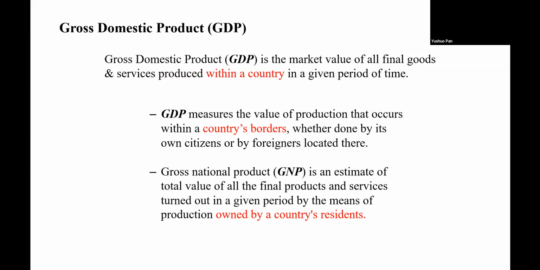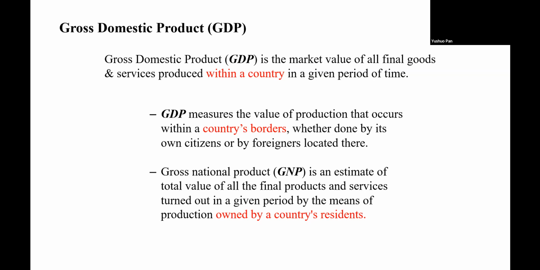Within a country, GDP measures the value of production that occurs within the country's borders. So GDP is everything within the country, whether done by its own citizens or by foreigners located there. Gross national product, that's the definition of GNP.